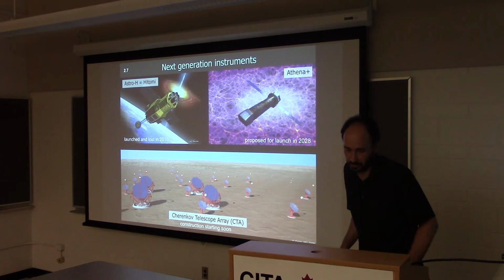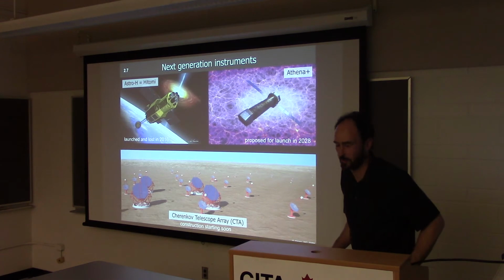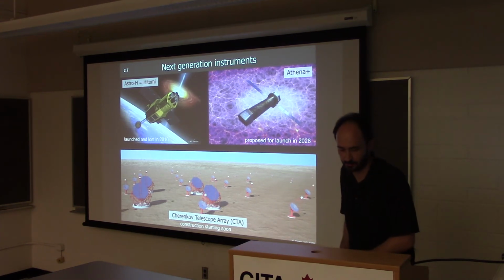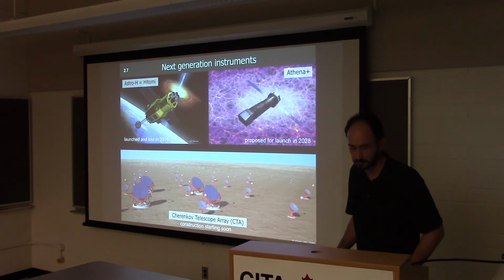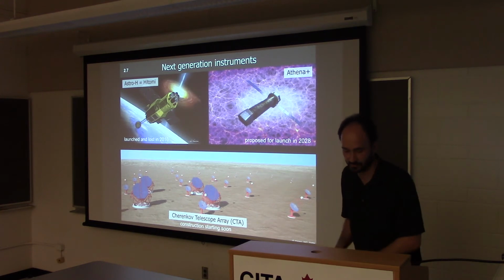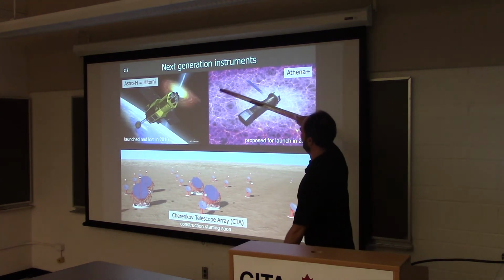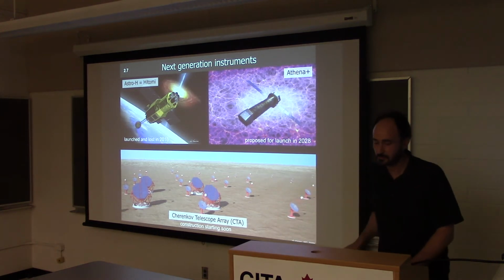And there is going to be most likely a recovery mission. So with my new boss, we were thinking about what could be done for Hitomi that would really make use of the 3D information that we have for the X-ray mission. So this is X-rays, and at the highest energies.